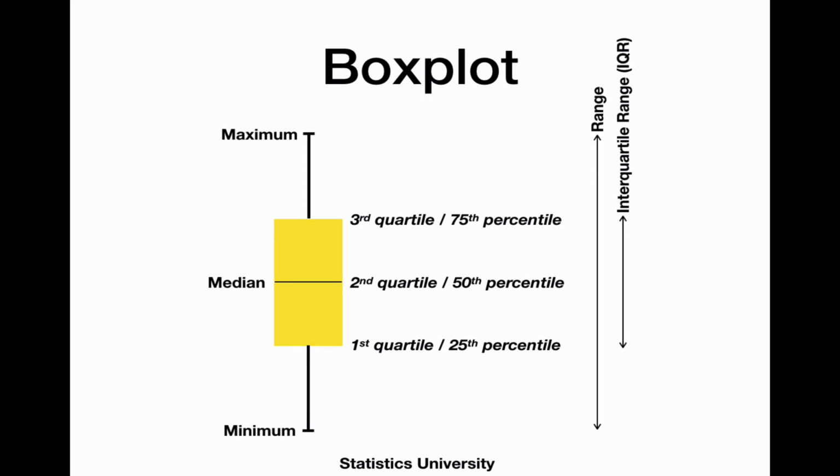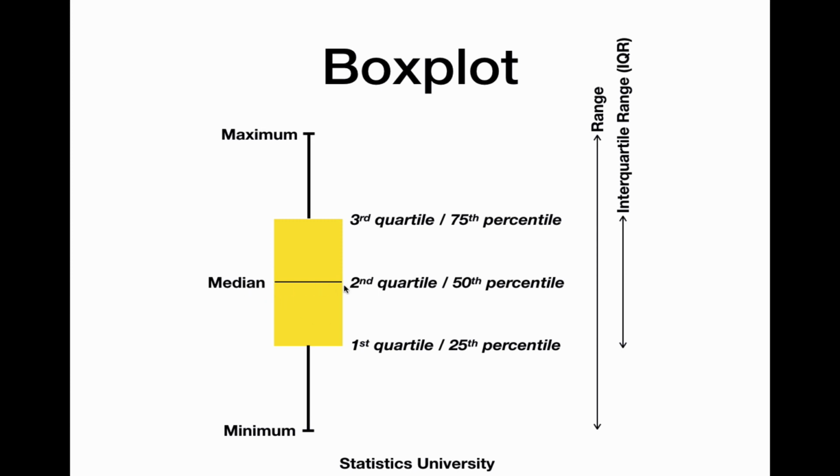Now let's start with the box plot. It looks a little bit like this, and we already said that the minimum and maximum value are the range, and so in a box plot there's a line that goes from the maximum and the minimum value, and then the actual box is plotted within that line. And the line within the box is the median. It's not always in the middle, it can also be higher or lower.